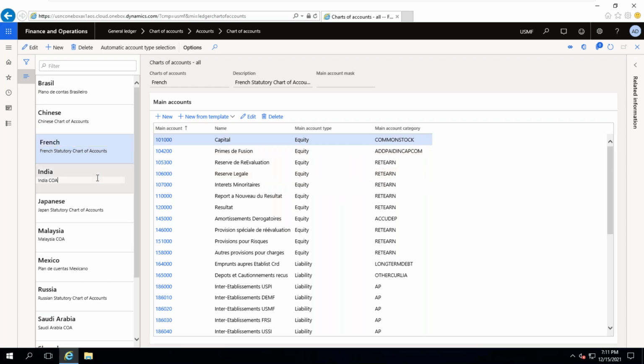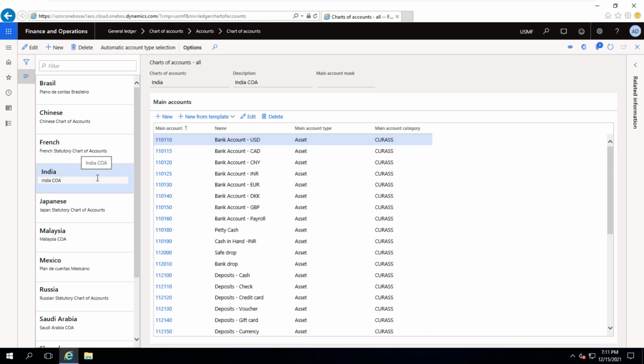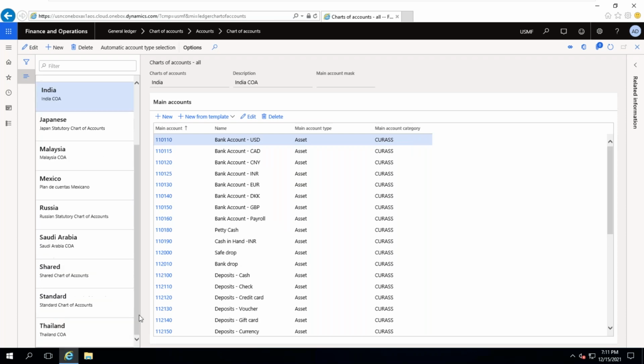Okay, so India is almost the same as the shared chart of accounts. Shared chart of accounts, I mean to say, here one chart of accounts is there. This chart of accounts and the India chart of accounts are almost the same. So Japanese are following differently.